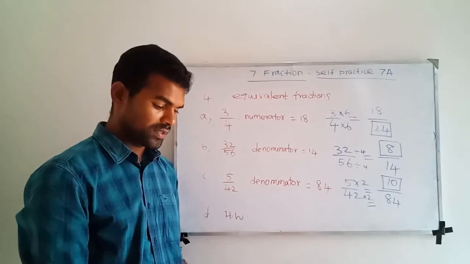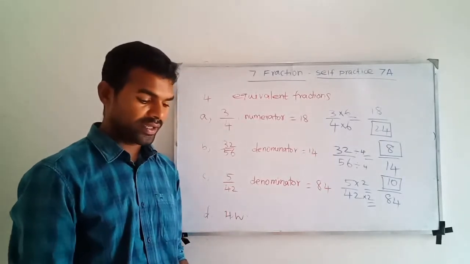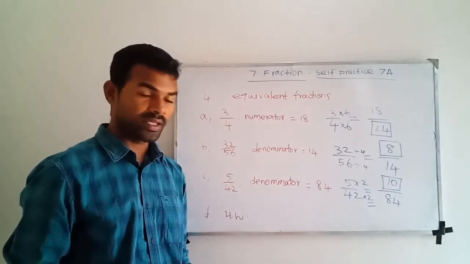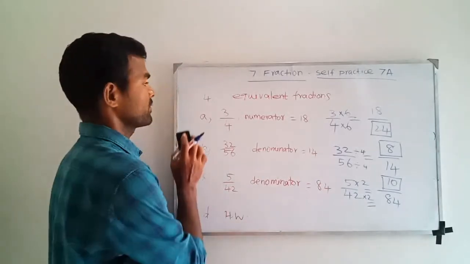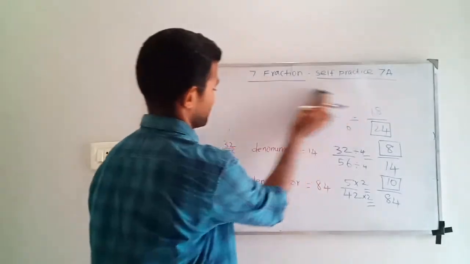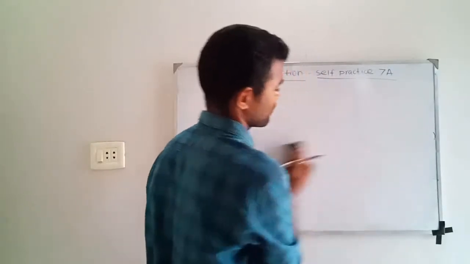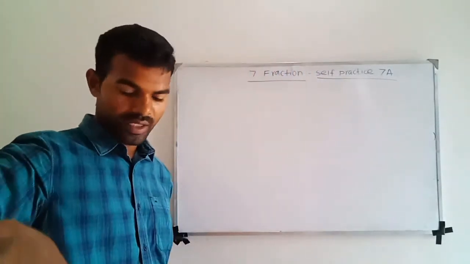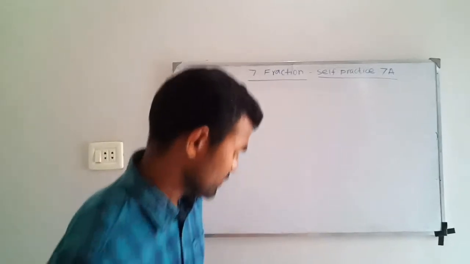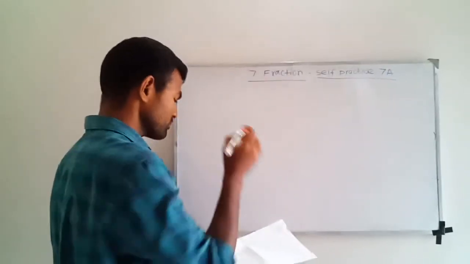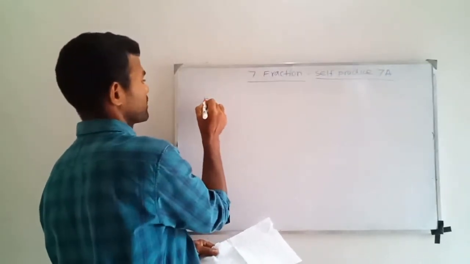See the last, fifth question. Question number 5: Write 5 equivalent fractions for the following.